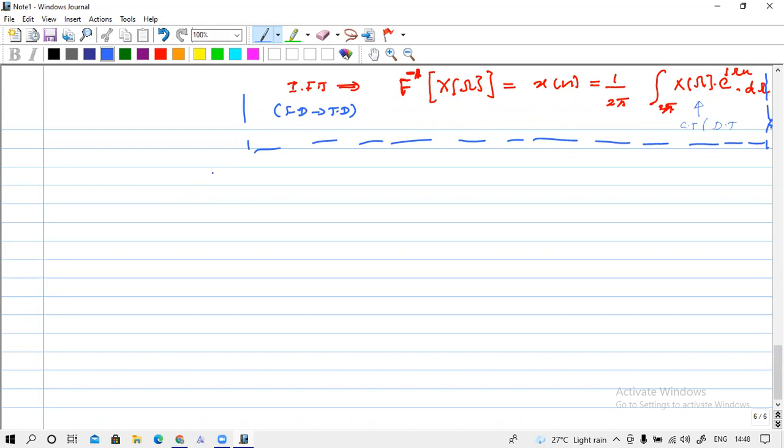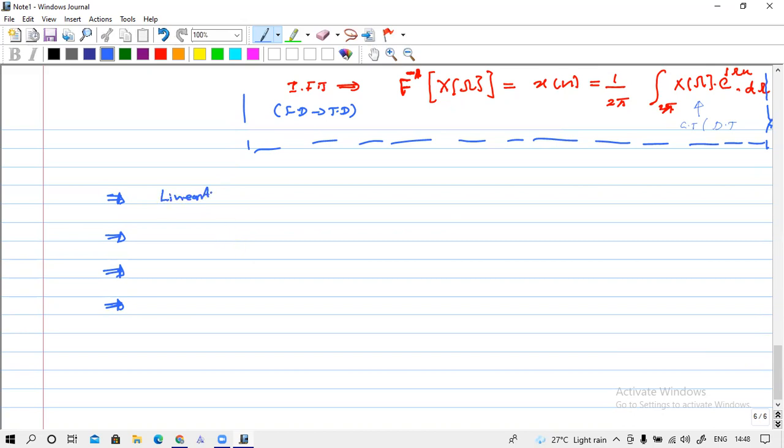I will state a few properties. These properties we have learned in continuous time Fourier transform also, and here also I will put that property. One important property is the linearity property.